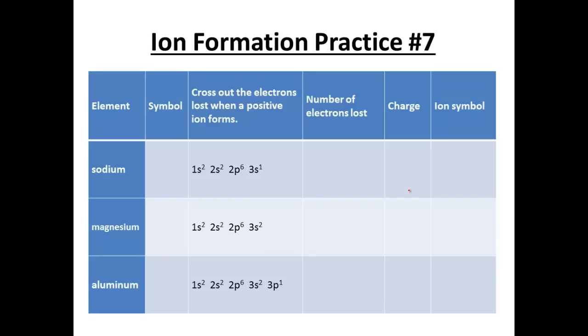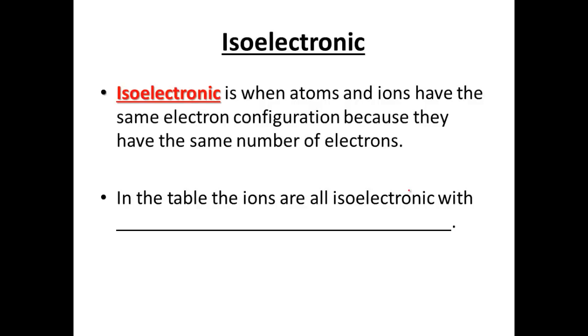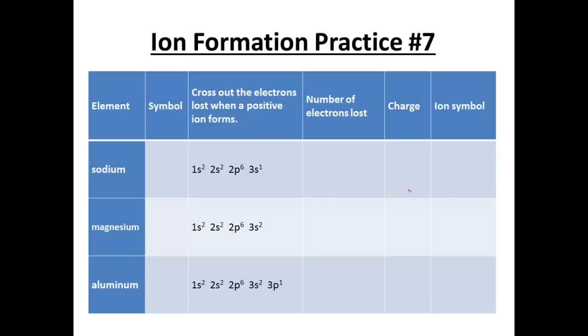We'll look at isoelectronic second. So let's look at a few elements first. Our first one, we've got sodium, Na, magnesium, Mg, aluminum, Al. Sodium's electron configuration is 1s2, 2s2, 2p6, 3s1. If we notice the 2 and 6, there's our 8 outer electrons.